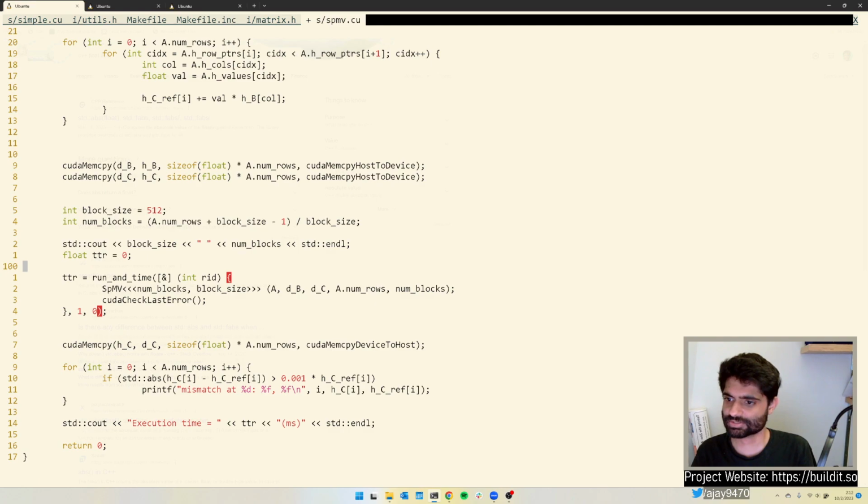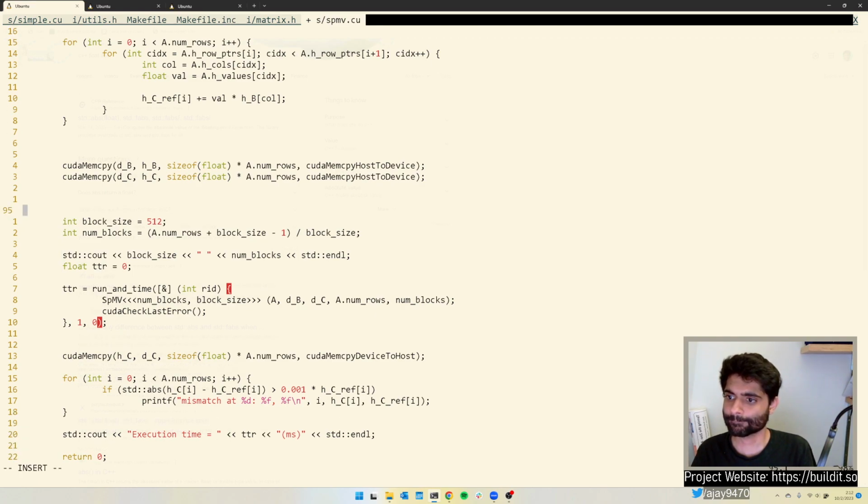So, running simple vertex or simple row mapping version, one thread equals one row.